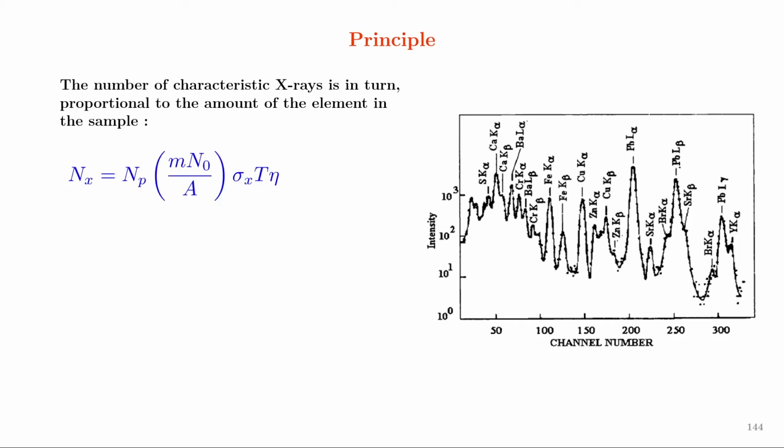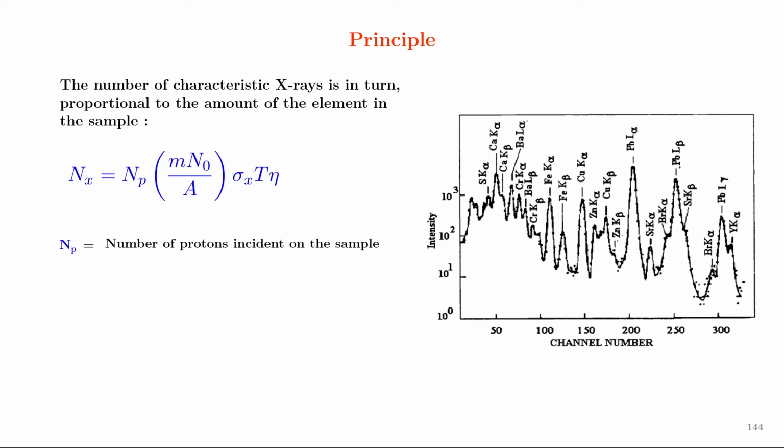The number of characteristic X-rays is in turn proportional to the amount of the element in the sample. This is given by Nx = Np m n0 / (A σx T η).